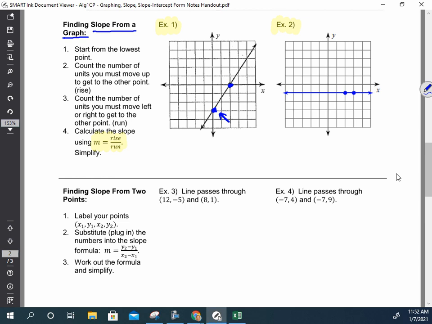Count the number of units you must move up. So, how many spaces do I have to go up? 3. Start from the lowest point. 1, 2, 3. 3 spaces.